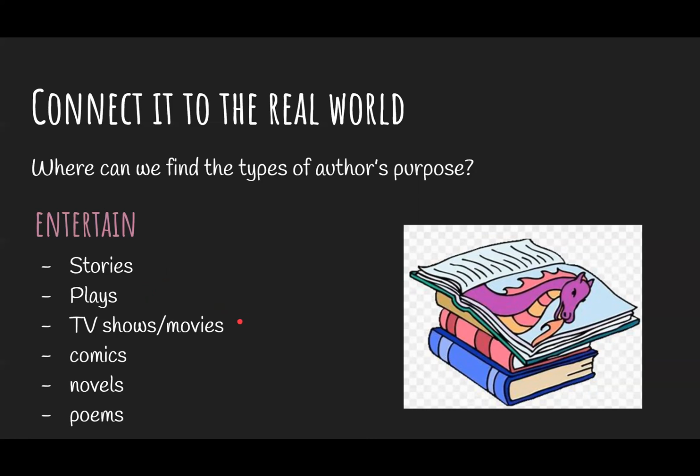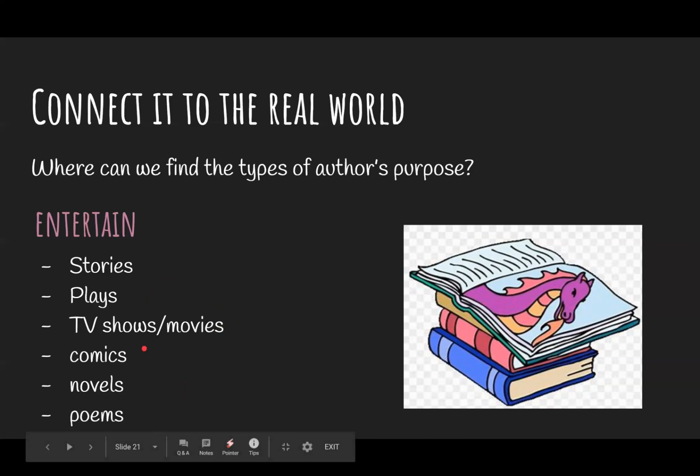TV shows and movies, I'm sure you watch these all the time. They're definitely for your entertainment. And then comics, novels, and poems are also, of course, trying to entertain us. They have some characters, theme, and some kind of story going on, right?